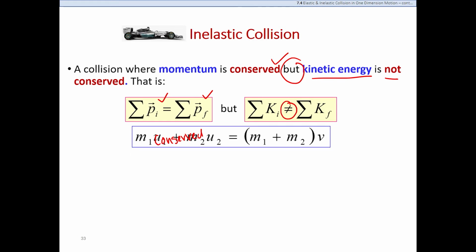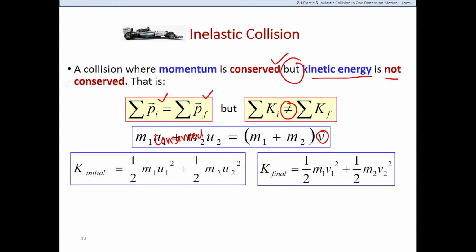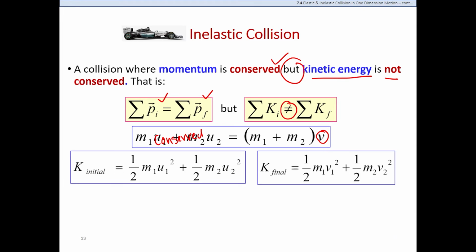So total momentum before collision equals the total momentum after collision. In an inelastic collision, the objects have the same speed because they stick together. Kinetic energy initial and kinetic energy after are not conserved.